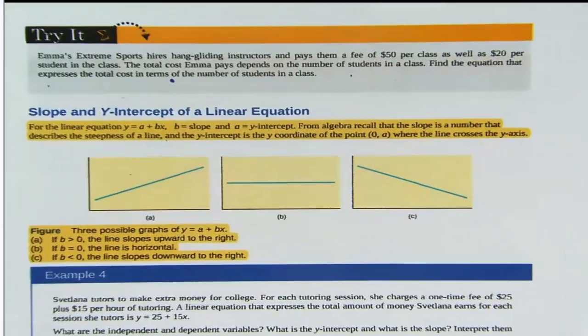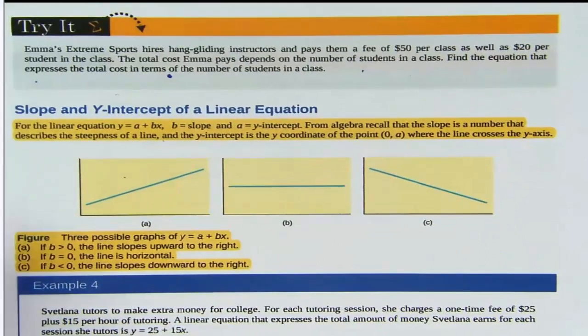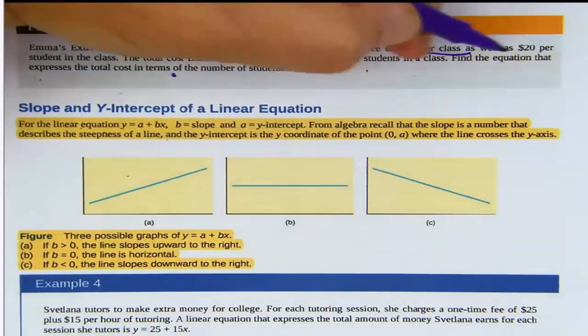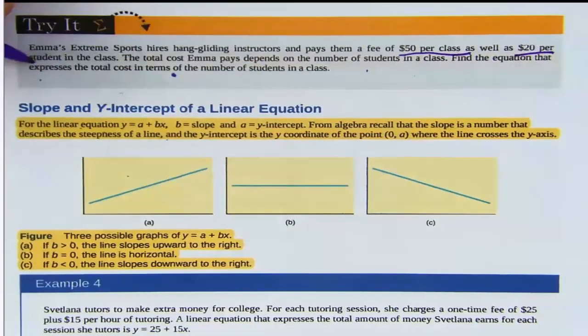And take a look at another example. So in this example, Emma's Extreme Sports hires hang gliding instructors and pays them a fee of $50 per class, as well as $20 per student in the class.